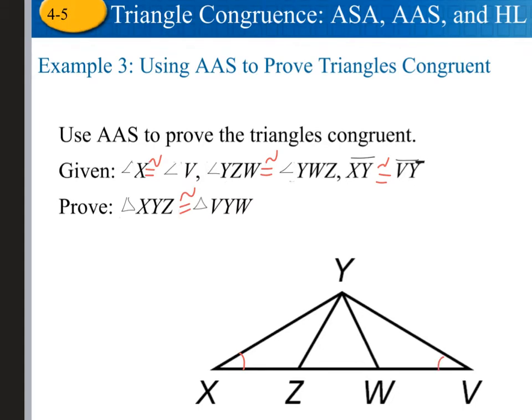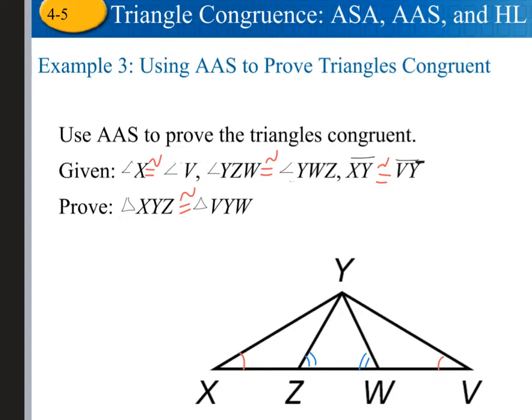And angle YZW, so let's see where YZW is. Here's YZW is going to be congruent to YWZ. So let's use blue for that one. I'm going to put 2 tick marks here. Those are congruent angles.